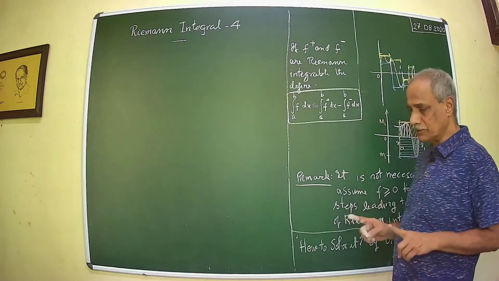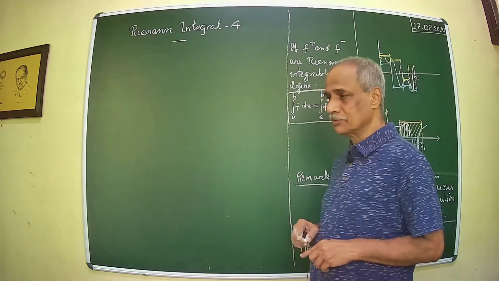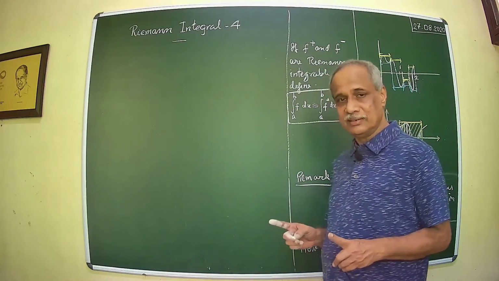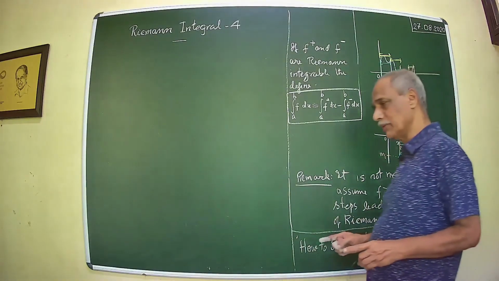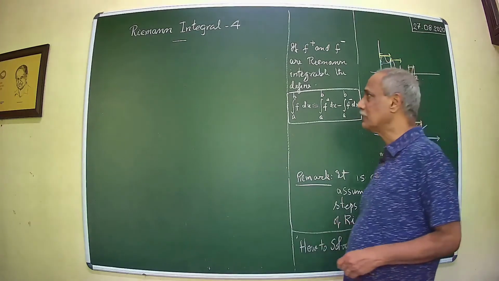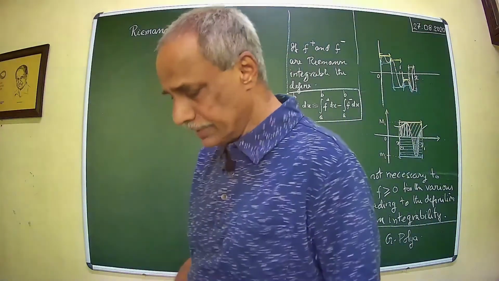And then for those functions, we have explored what Riemann integrability means. And we found that if the upper integral agrees with the lower integral, then the function is Riemann integrable. Otherwise, it is not. So that's what we have explored, completed the exploration.